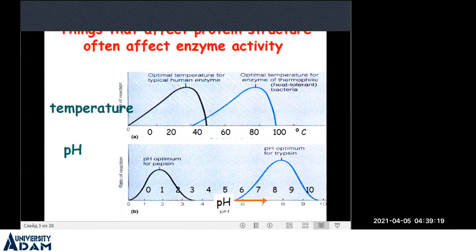For example, pepsin works in a more acidic condition. And trypsin works in a basic environment.